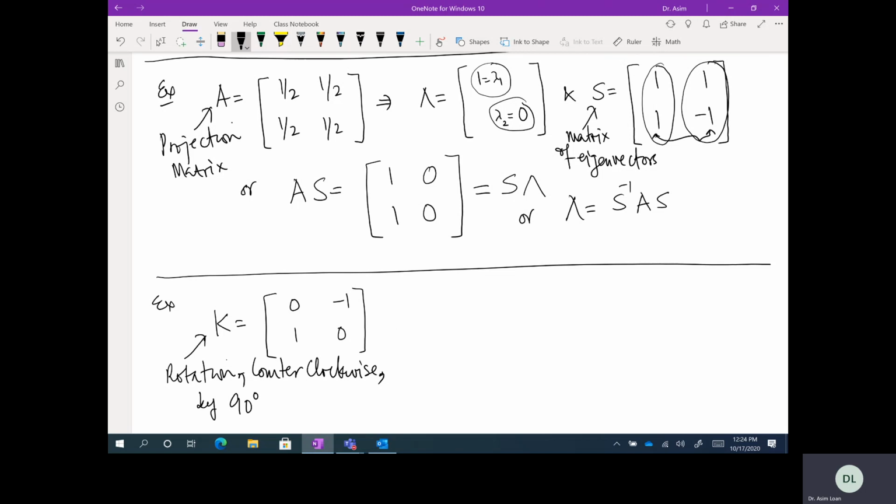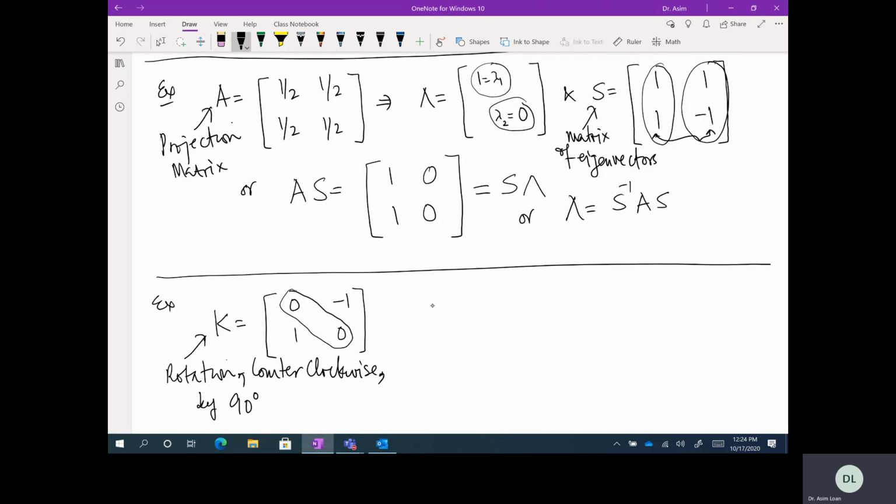So we need to find the eigenvalues. We know the trace of the eigenvalues has to be 0. Not necessarily do eigenvalues have to be real. If eigenvalues are complex, they will always occur in conjugate pairs. Why?